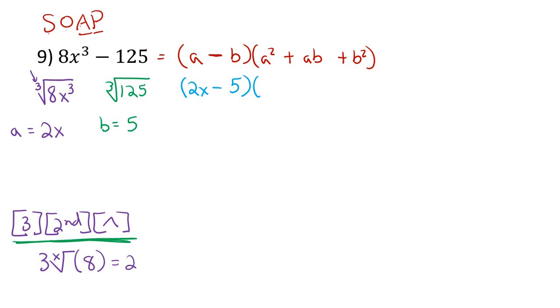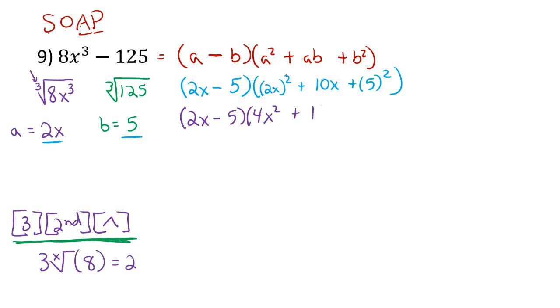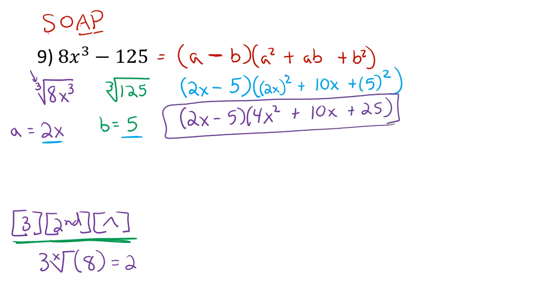Now remember, this is A squared, so this is technically 2x being squared plus 2x times 5, which gives us 10x plus 5 squared. Now to actually finish the problem, this is going to be 2x minus 5, 2x squared, 2 squared is 4, x squared is x squared, plus 10x, and then 5 squared is 25. And there's your final answer.